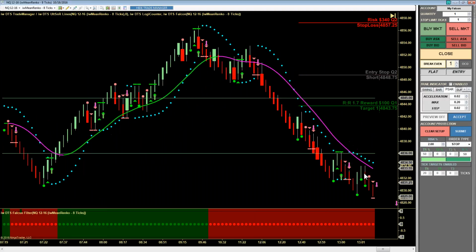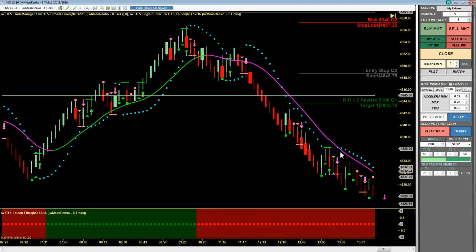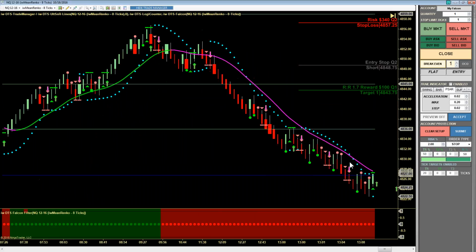And it looks like, I don't know if they tagged me here or not. We'll say not, just to... Okay, so we would have been tagged down here. So we banked $100 on the initial contract, and we probably could have made another $200 on this one. So this is potentially a $300 trade instead of a $200 trade.